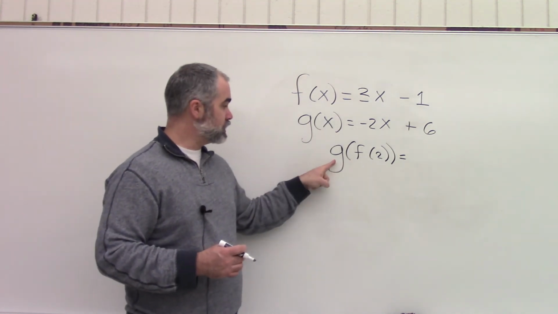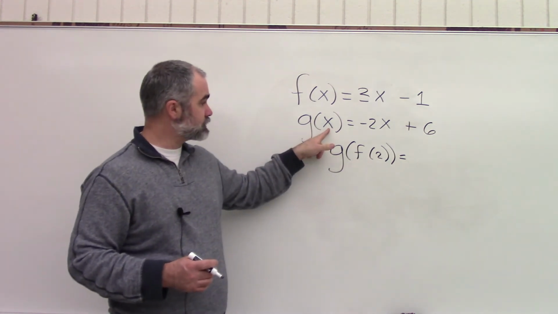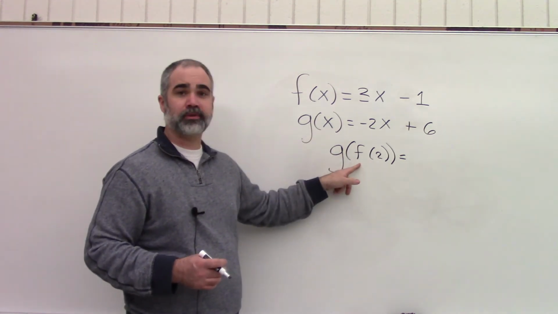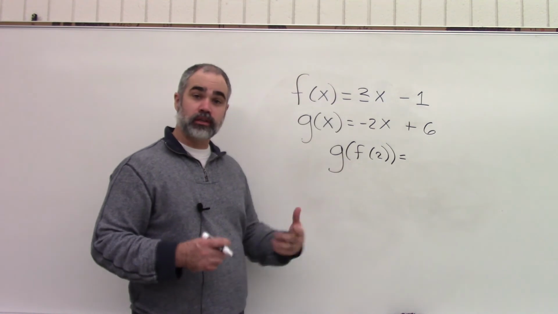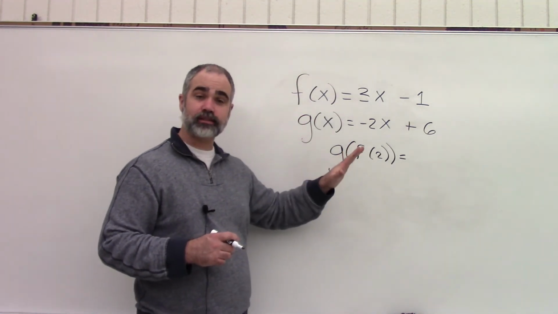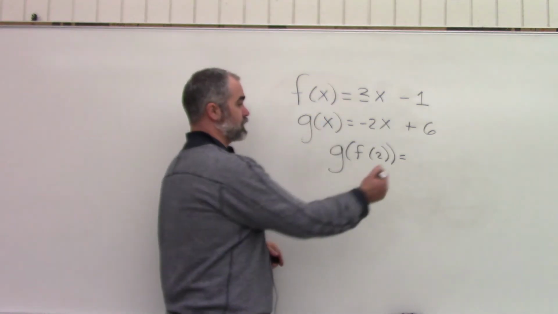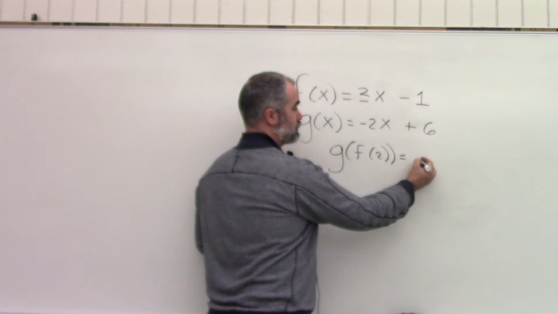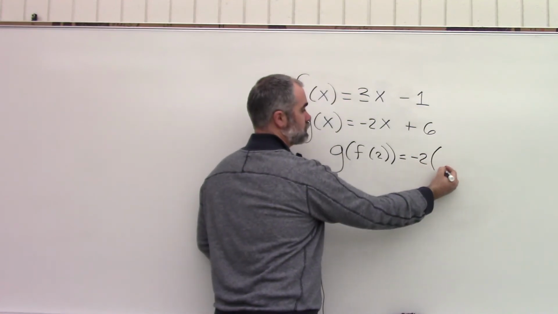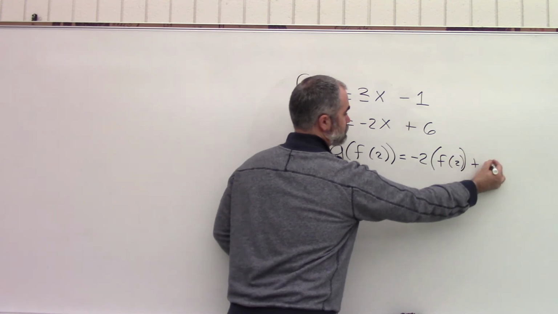Right here, I've got g is my big function, and inside the g, instead of an x, notice the x is gone. It's been replaced with f of 2. Now, what we did before is we said, okay, I'm going to replace every x with the whole function. In this case, it would be negative 2 times the function f of 2 plus 6.